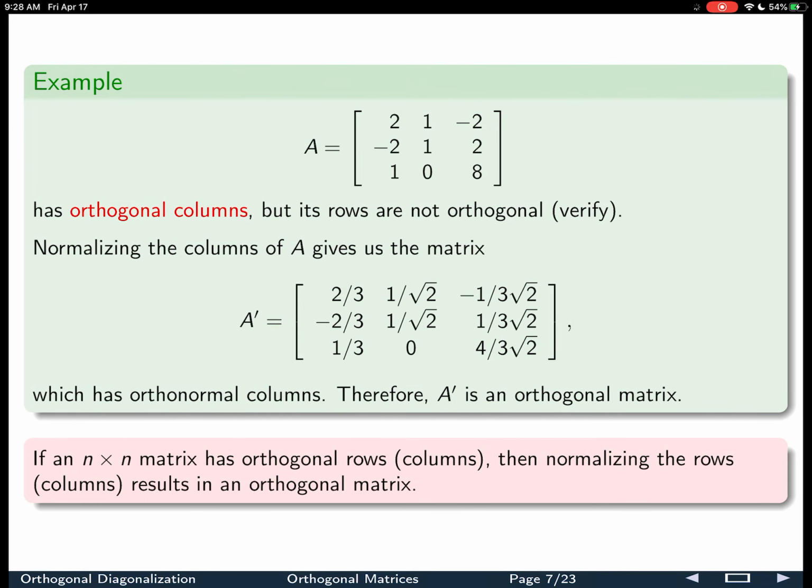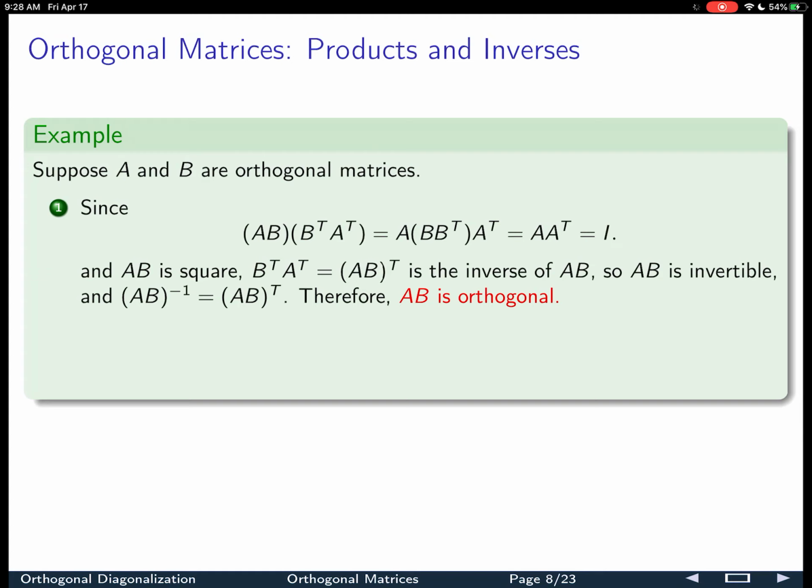Yeah, okay, we've already said that. Sure. All this is saying is that when you multiply two orthogonal matrices together, the product is orthogonal. And if you think about that as a transformation, if you rotate something and then you rotate it again, yeah, that would be another rotation.